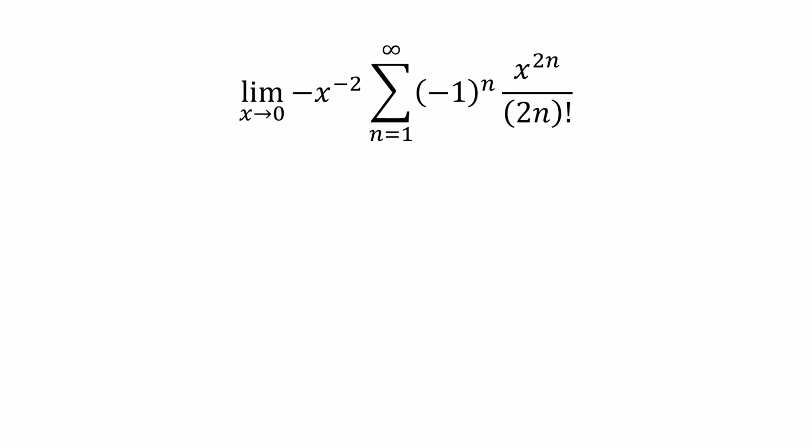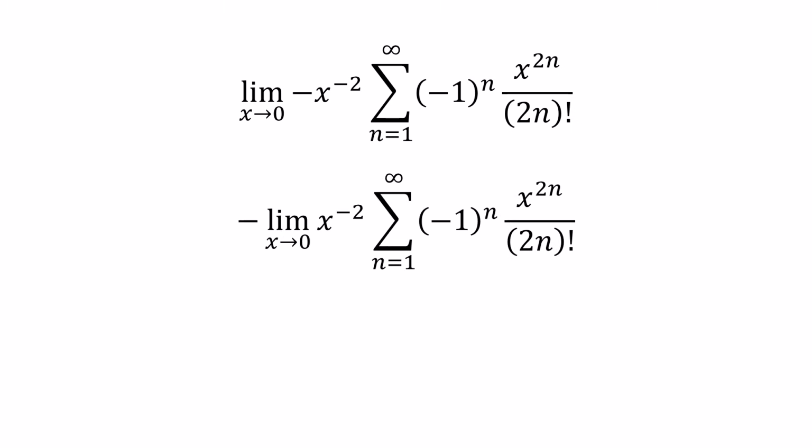Using limit properties, we obtain negative limit as x approaches 0 of x to the negative 2 times the summation from n equals 1 to infinity of negative 1 to the n, x to the 2n all over 2n factorial.